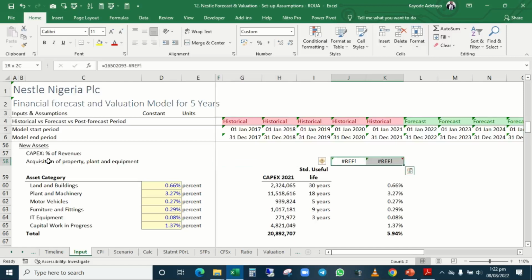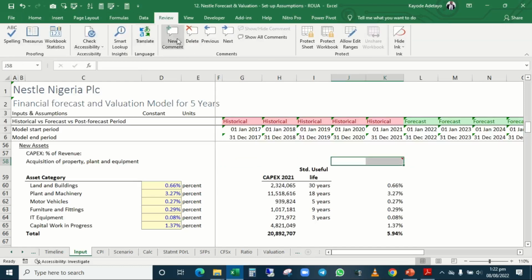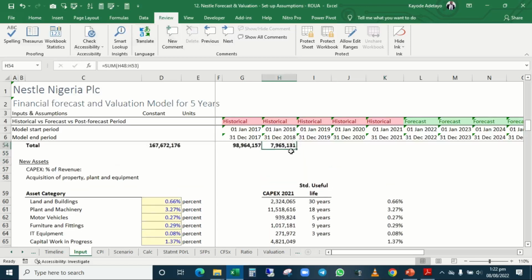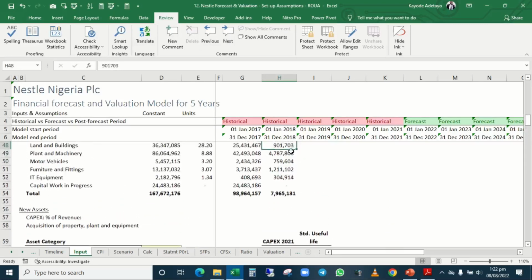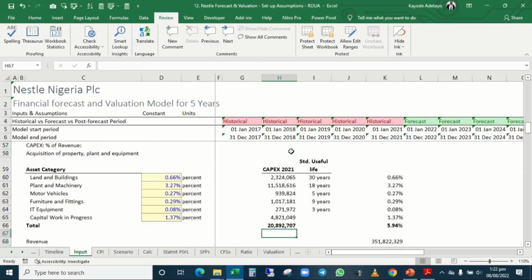I don't need these figures. Review, delete the comments. We also have asset useful life here, which is very important to what we are trying to do.